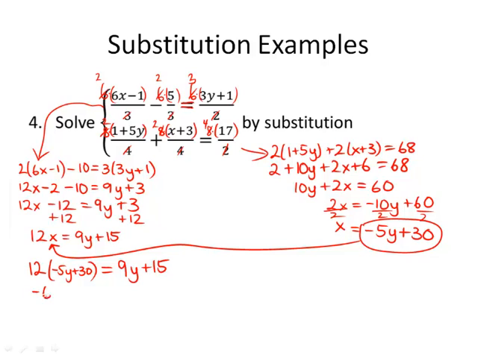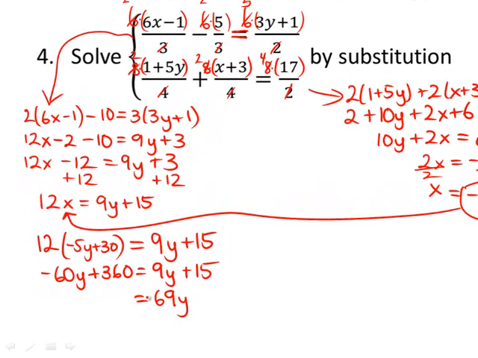That leaves us with negative 60y plus 12 times 30, which is 360, equals 9y plus 15. Let's get our y's together. So let's say add 60y to both sides. So you get 69y equals 360 minus 15, which is 345.